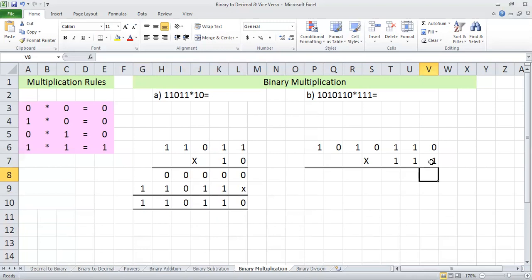Now all the numbers have to be multiplied with 1 only. So we will get the same number. So I'll start writing from here: 0, 1, 1, 0, 1, 0, 1. Right? Now put a multiplication sign here.